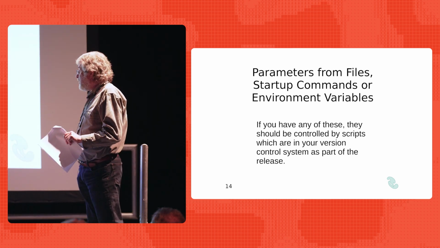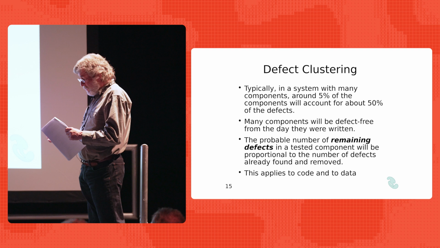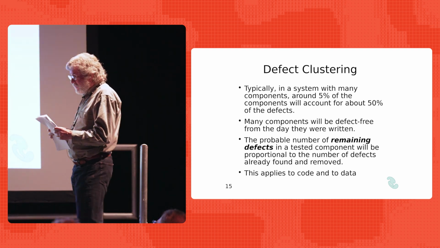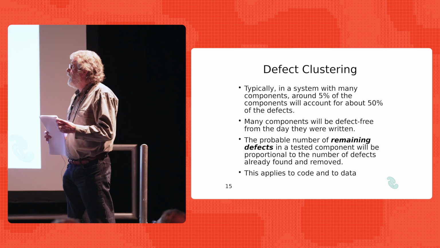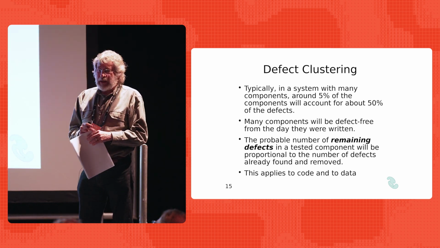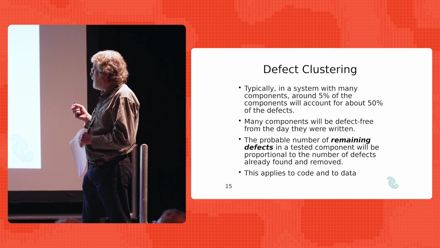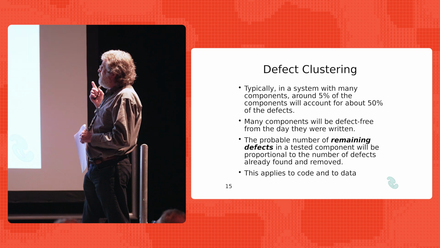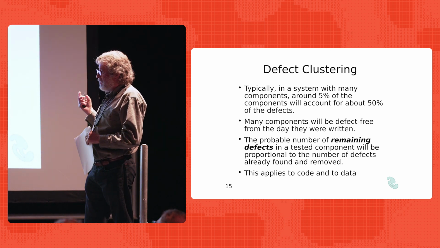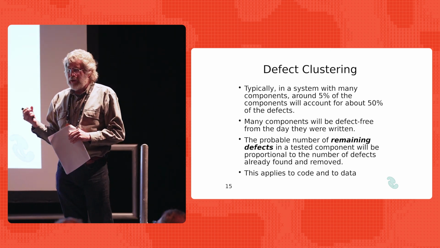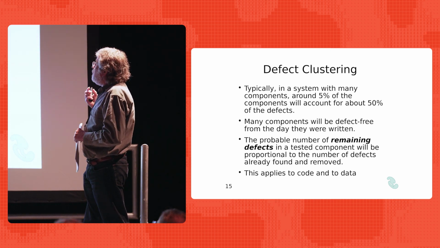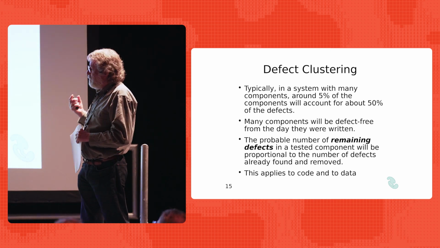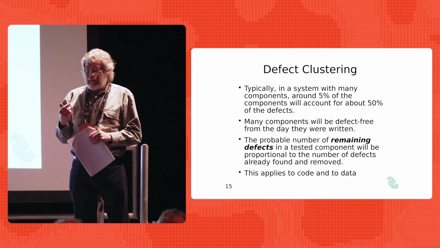We're going to change gear for a minute and look at how defects work. There are some counterintuitive things in here which you may or may not be familiar with. But typically, in a system with many components, and those components could be data or code, 5% of the components will account for 50% of the defects.